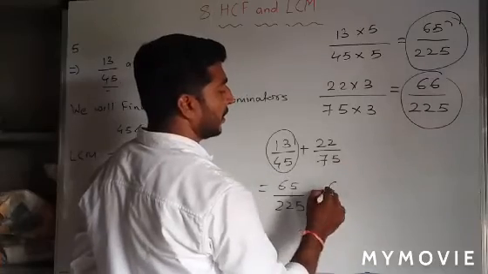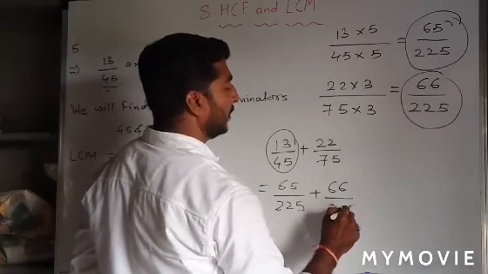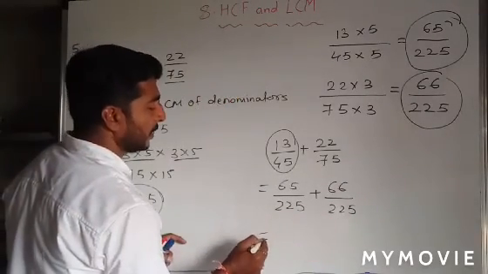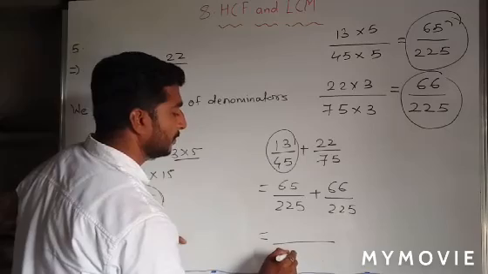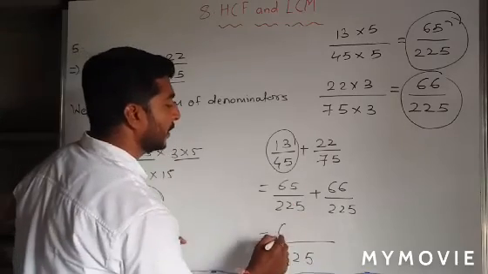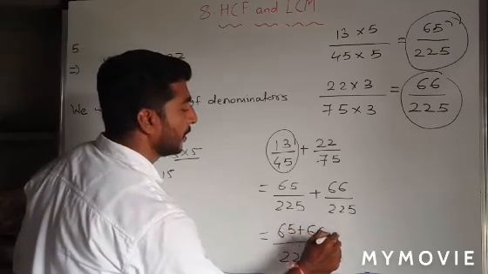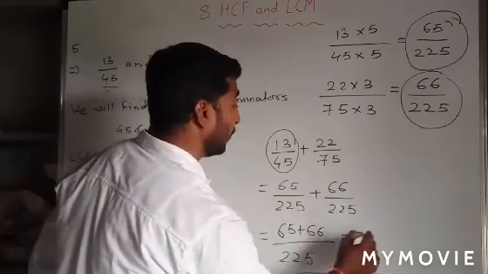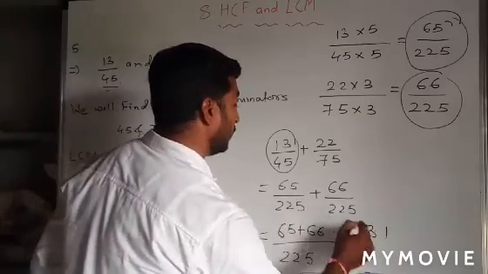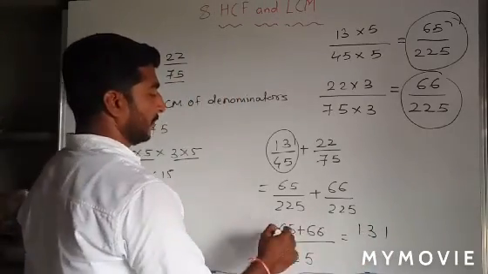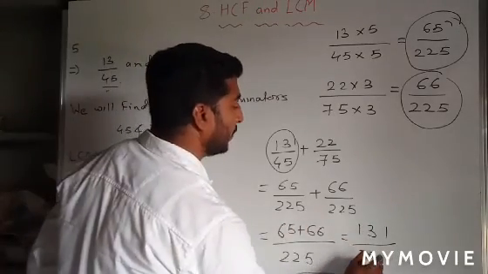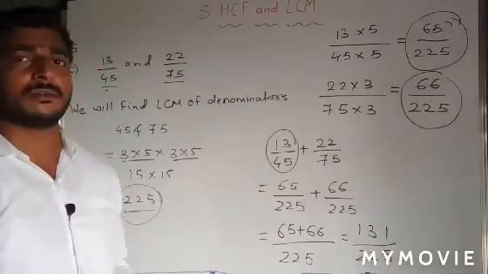It is 66 upon 225. So since you have the same denominator, take it common and add the numerators, and that will be equal to 131 upon 225. So this is your final answer.